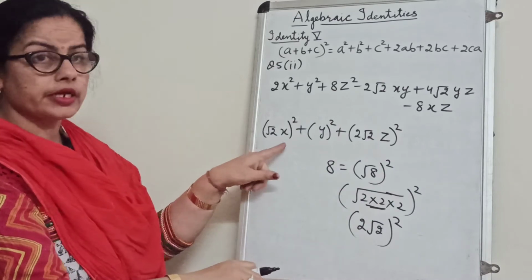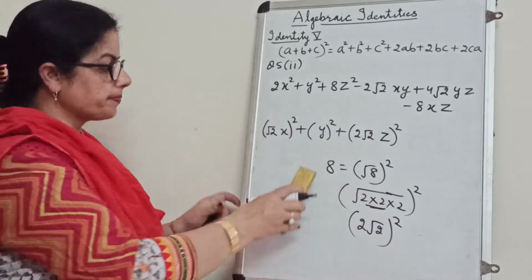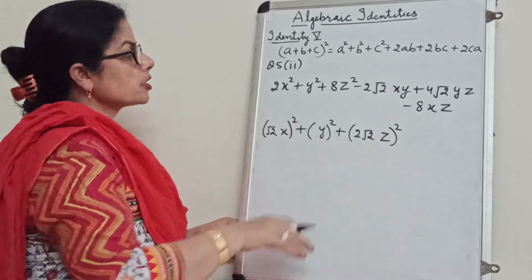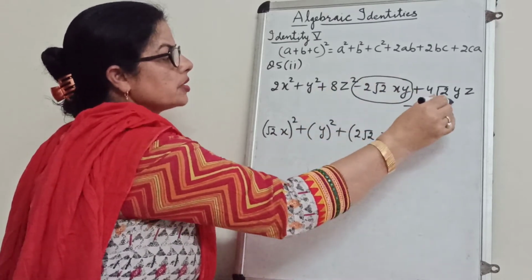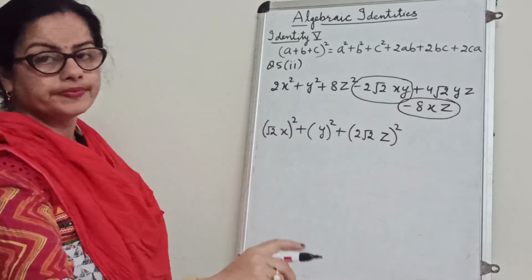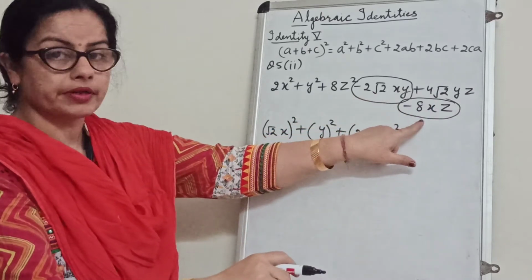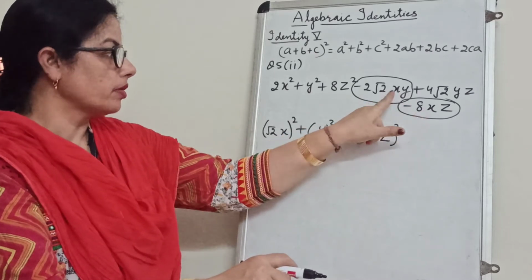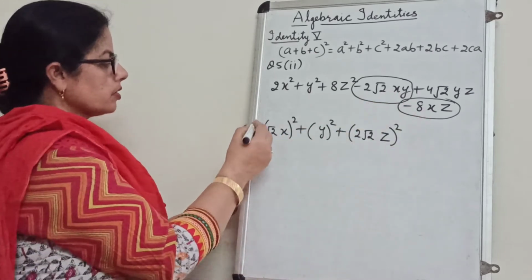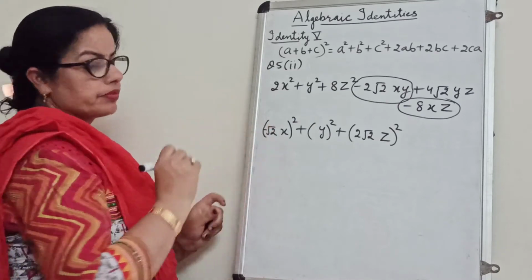So we have written a square plus b square plus c square. Now in this expression also 2 terms are negative, which means one variable will be negative. See what is common here. x is common, so the term of x should be negative.